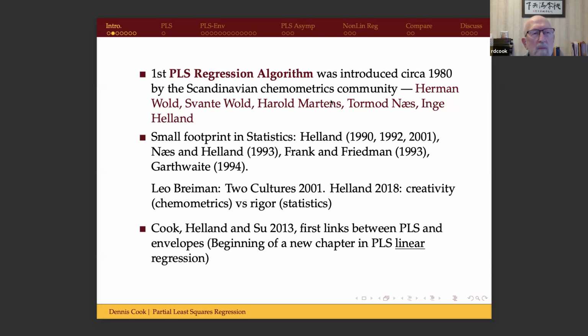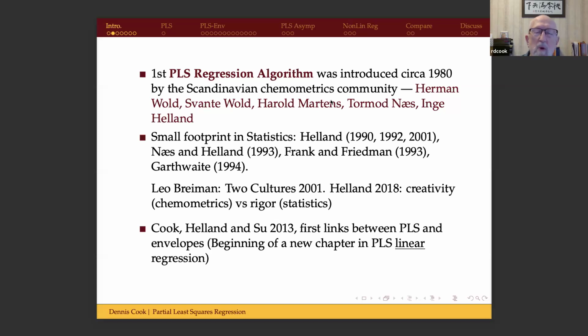PLS is a regression algorithm. There isn't a model that it's trying to fit, or there wasn't for decades. There's not a well-defined parameter that it's trying to estimate. It's simply an algorithm that produces estimates and predictions, primarily for linear regression. It was introduced in around 1980 by the Scandinavian chemometrics community.